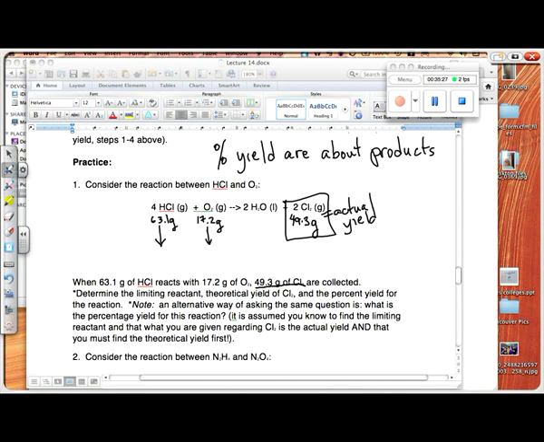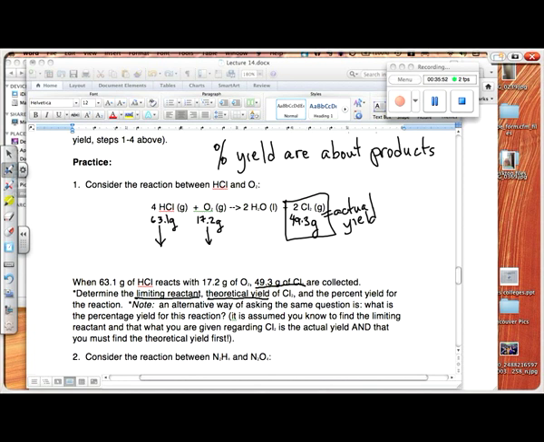However, I just want to point out that an alternative way of asking the same question is, what is the percentage yield for this reaction? So they're being nice in leading you to do this limiting reactant part first, then the theoretical, and then the percentage. They didn't have to do that. And you may see questions where they leave that out. It is assumed you know to find a limiting reactant. What you were given regarding chlorine is the actual yield.